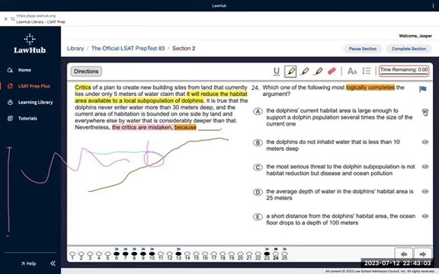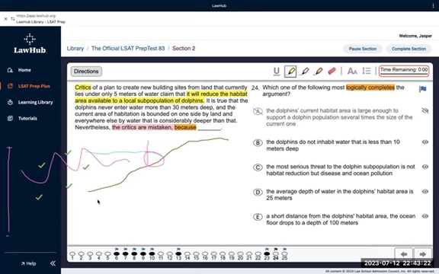B, the dolphins do not inhabit water that is less than 10 meters deep. All right, so that is perfect, right? It tells me that dolphins are happy here, happy here, happy here.